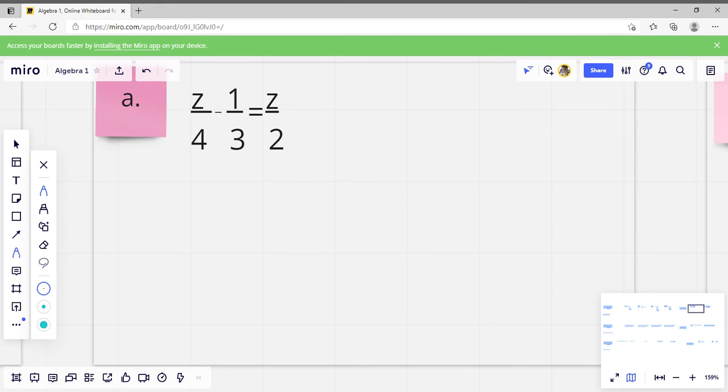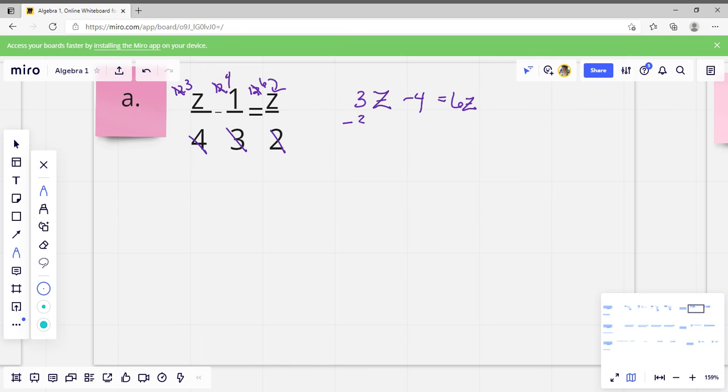And this first one, we need a common denominator between 4, 3, and 2, which would be 12. Here we can cancel and get a 3, so that would be 3z. Here we can cancel and get a 4, so minus 4. That's 4 times 1. And here we would get 6, so that would be 6z.